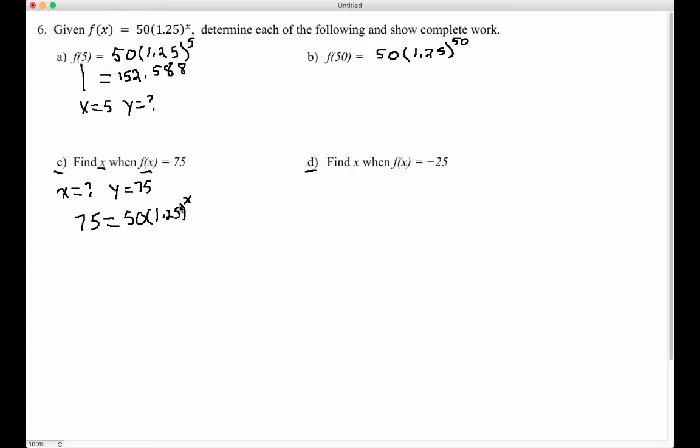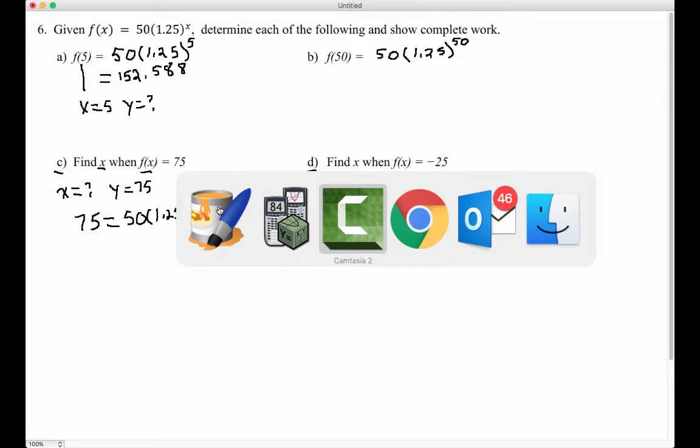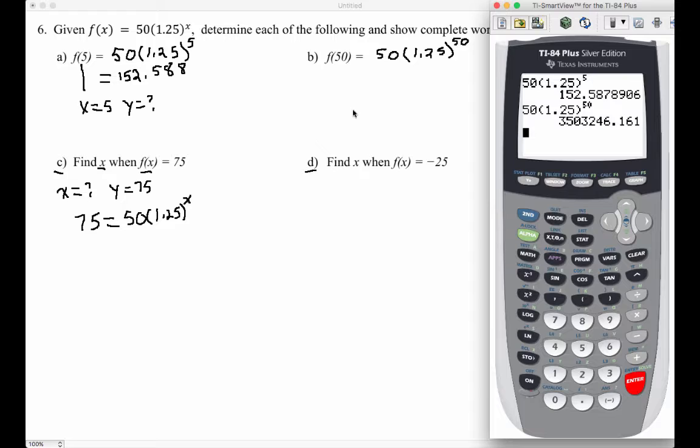At the moment we do not possess the algebraic technique necessary to solve that, but no big deal, because we can totally solve that numerically, if we're just looking for a decimal approximation and not the exact solution, using our calculator. So let's go back to the calculator here. What we're going to have to do is enter into our calculator the left-hand side and the right-hand side.